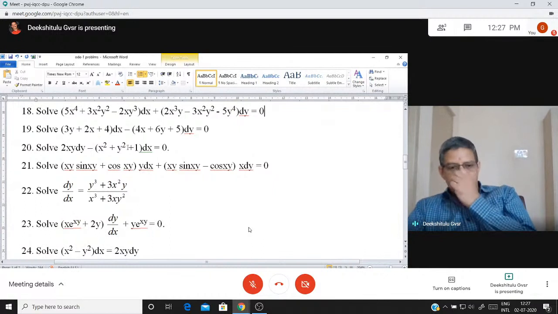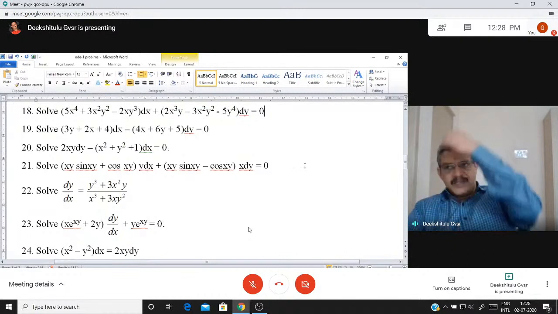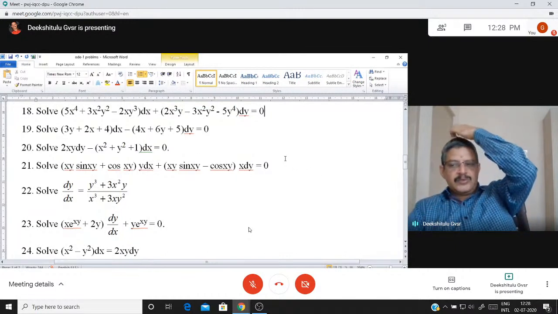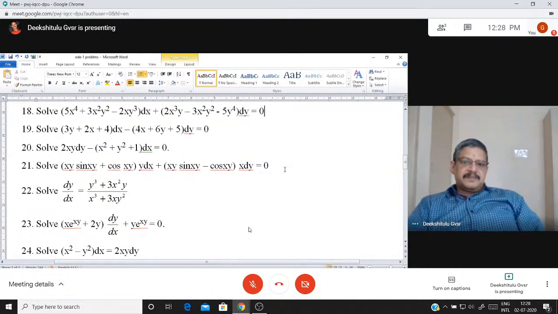So that will be your integrating factor, e power integral 1 by 2x. This problem we have done, the function of x into y, and g of x into y. So M dx plus N dy is in the form f of xy into y dx plus g of xy into x dy. In such a case, 1 by Mx minus Ny; we have seen this problem also in the last class.